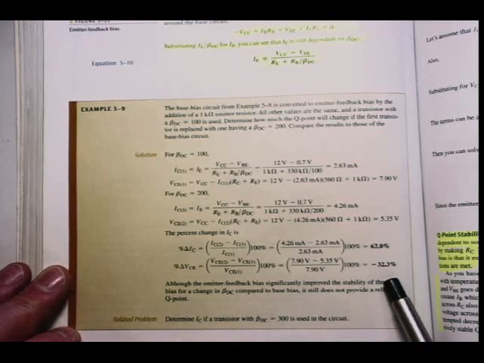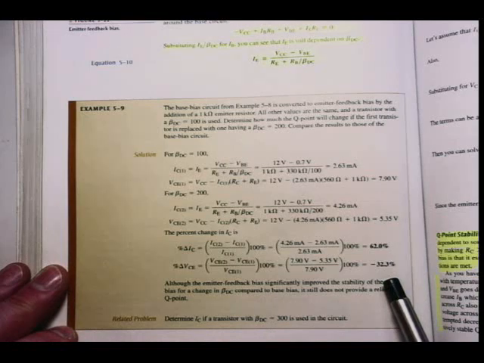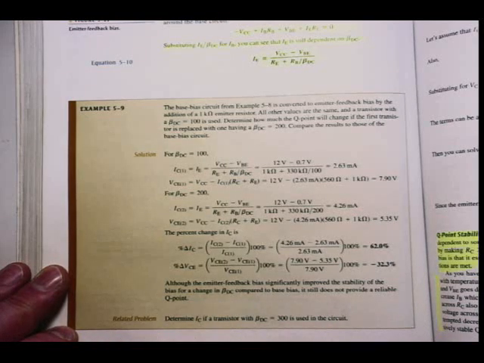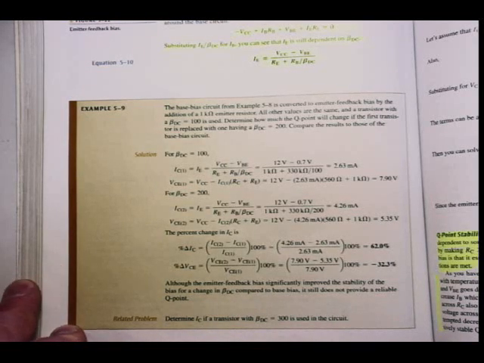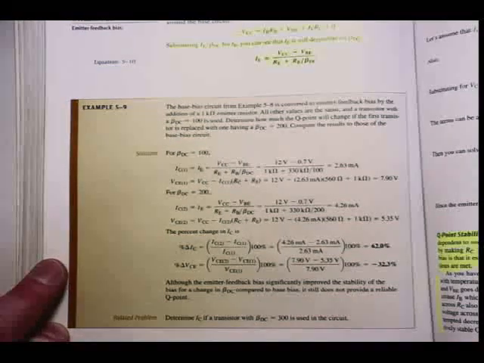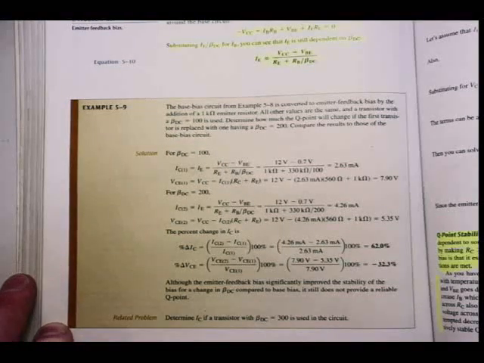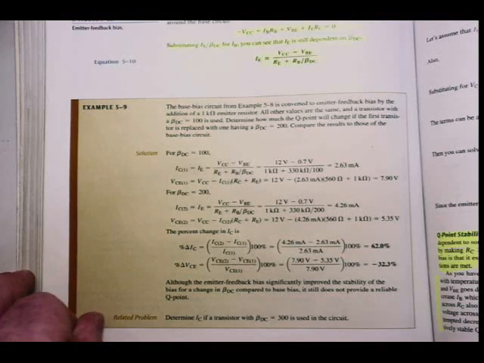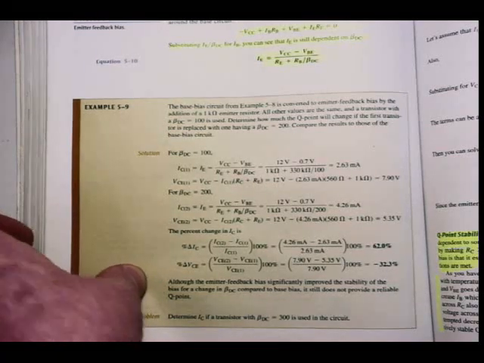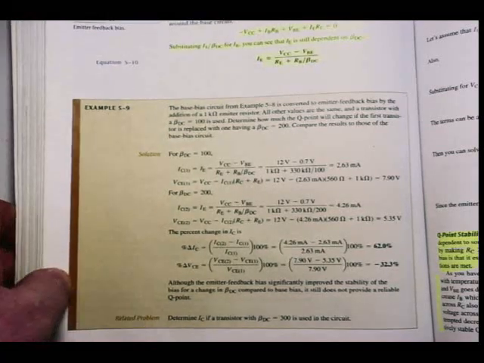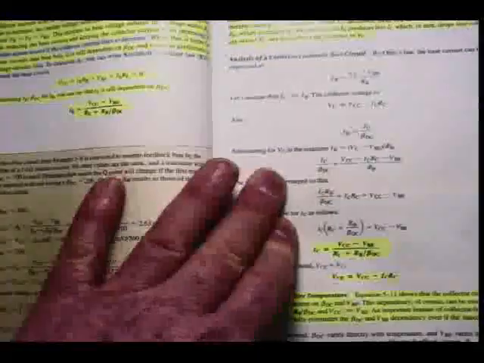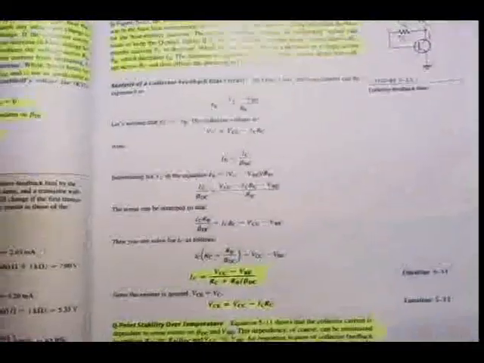It's now minus 32.3%. So they say, although the emitter feedback bias significantly improved the stability of the bias for the change in beta DC compared to the base bias, it still does not provide a reliable Q point. So we will still stick with the voltage divider bias if we want to use it for linear amplification.